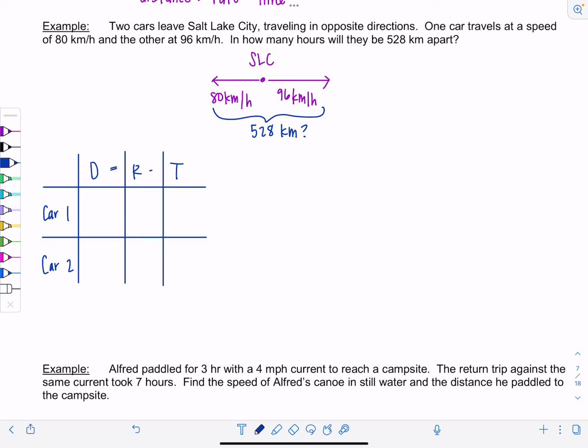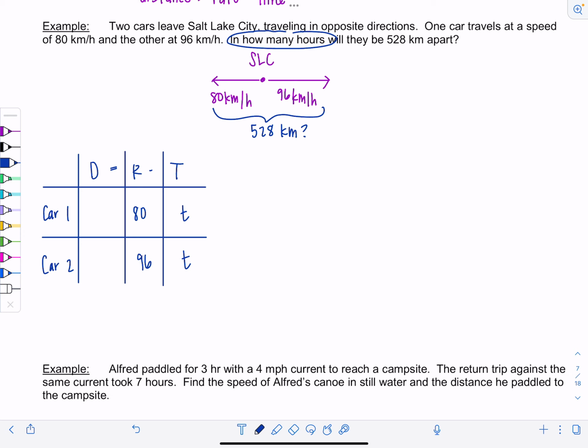It's going 80 kilometers per hour. The time, we don't know. That's what we're solving for. In how many hours? So I'll just put a little t. Car 2 is traveling 96 kilometers per hour. It leaves at the same time, right? 2 cars leave Salt Lake City. That to me means at the same time. So t is going to be the same for both of these cars.